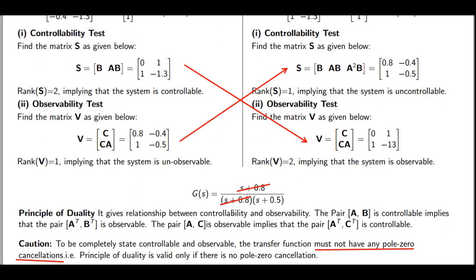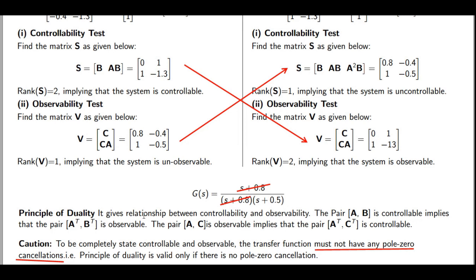It says that if the pair A comma B is controllable, then A transpose is the A in OCF, and B transpose is the C matrix in OCF, so that should also be observable. So a controllable system should be an observable system, and an observable system should be a controllable system. This is the principle of duality.